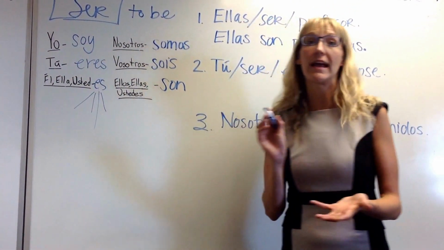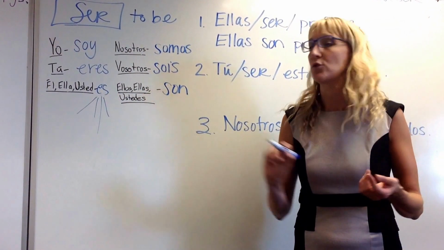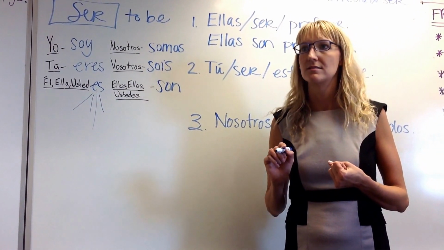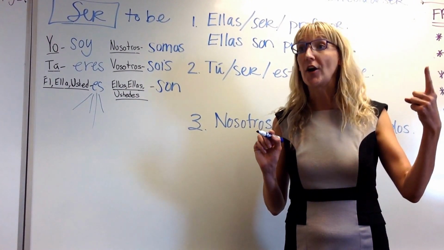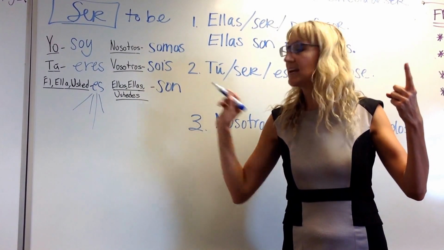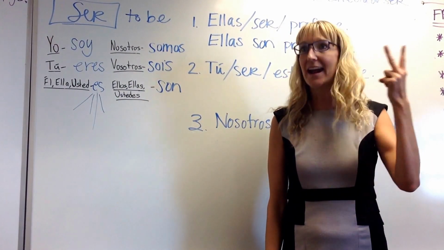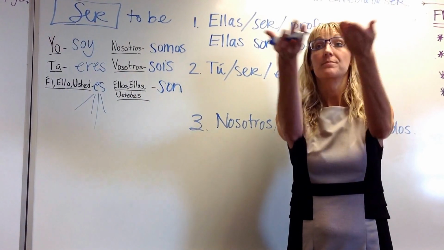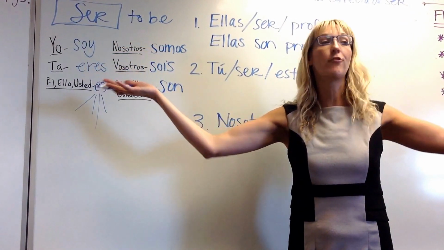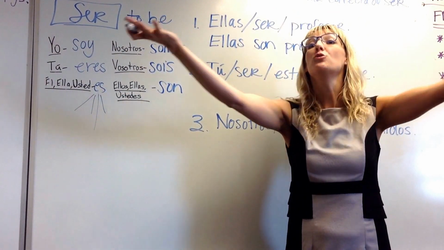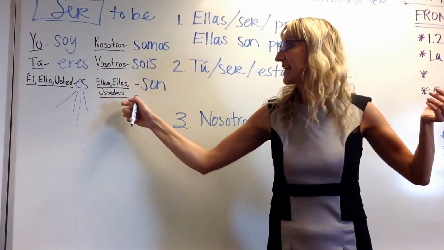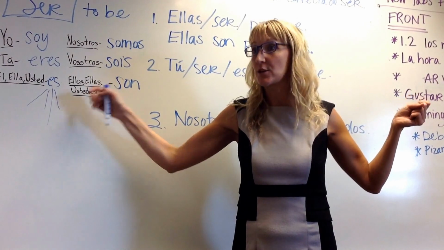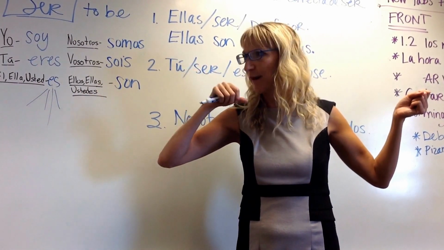And again, son has 4 meanings. What does ellos son mean? They are. What does ellas son mean? They are, but it's for a group of girls. What does ustedes son mean? Not they formal are. You all formal are. Ustedes is technically a second person, so it has to have you in it, right?